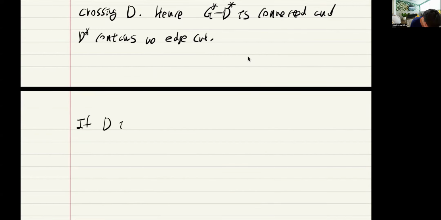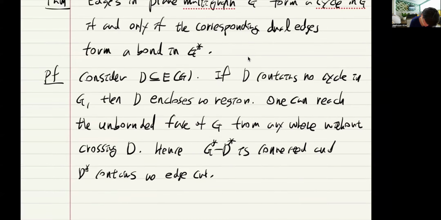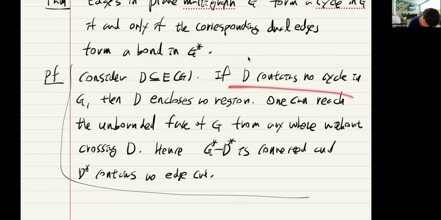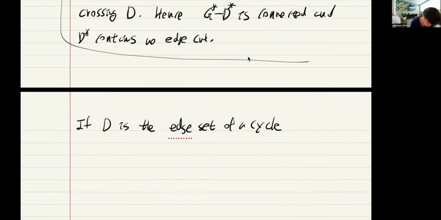Okay, so this shows that if D contains no cycle, then D star contains no edge cut.